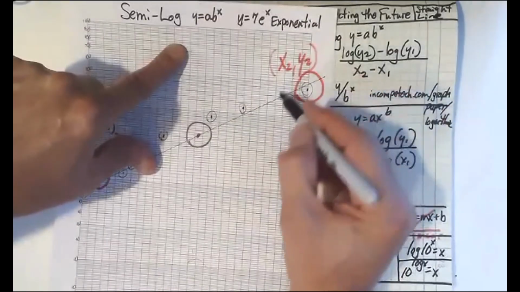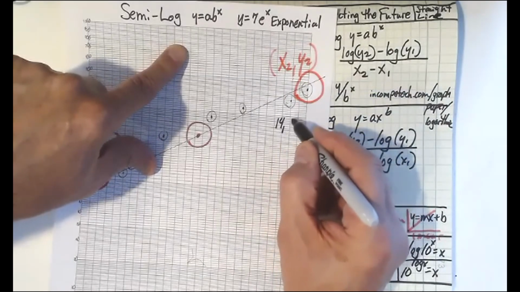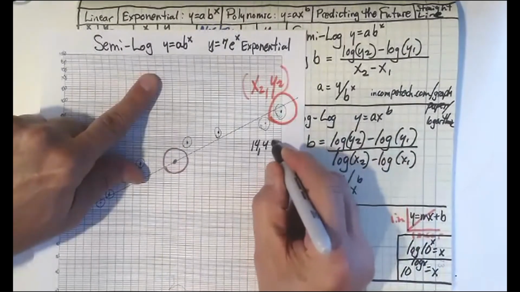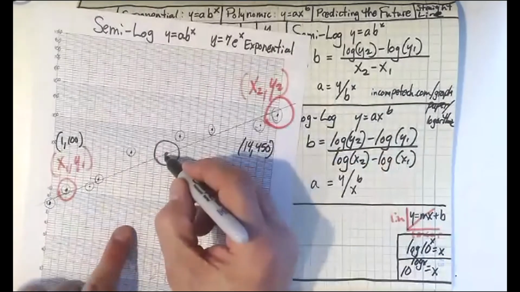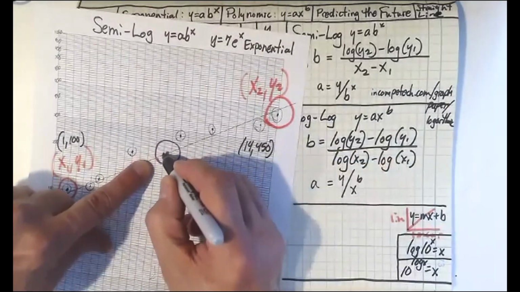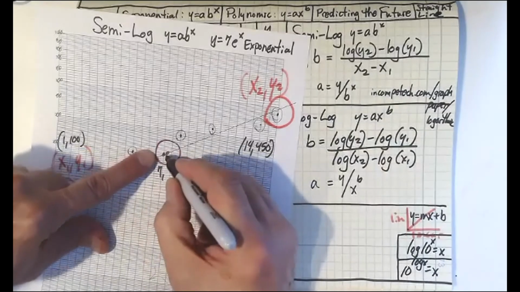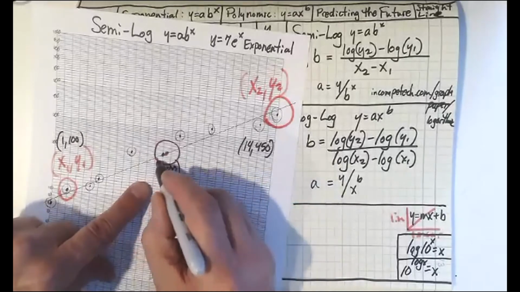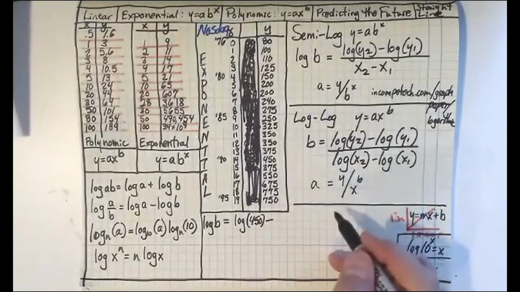And this one up here is 14, what was it again? 14, 450. Okay, so those are our two. And then this one right in the middle here, why don't I put it right there, and I'll say that that is 7, and if I follow it across, 200. All right, so those are our 3 points that we've got here.